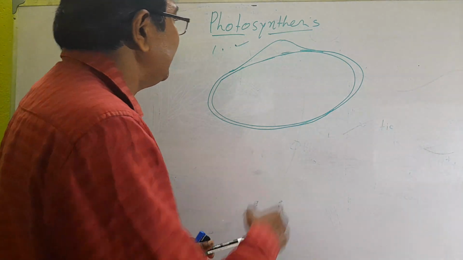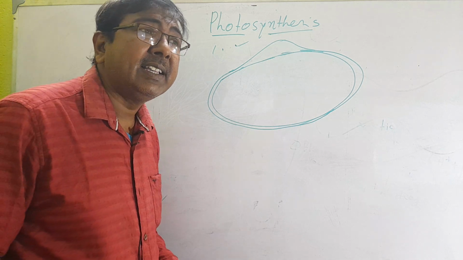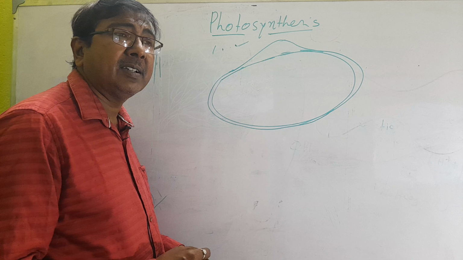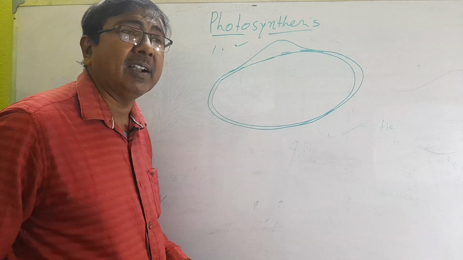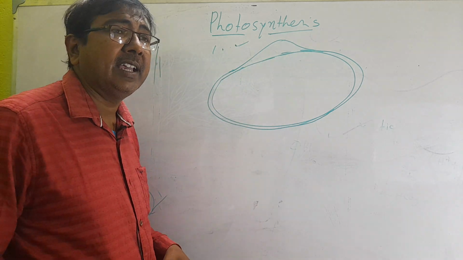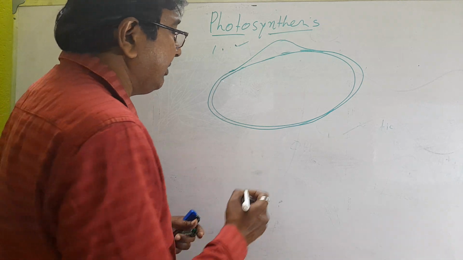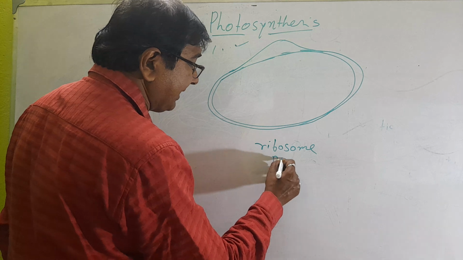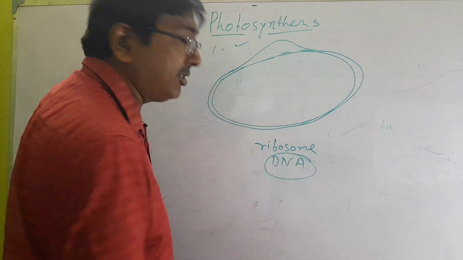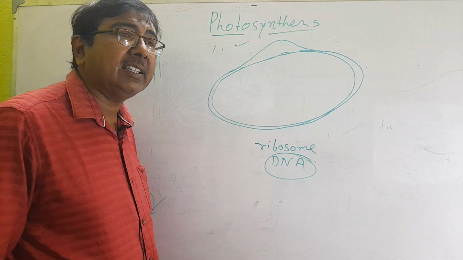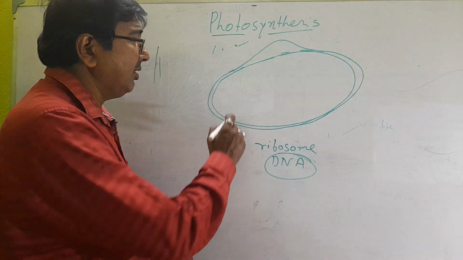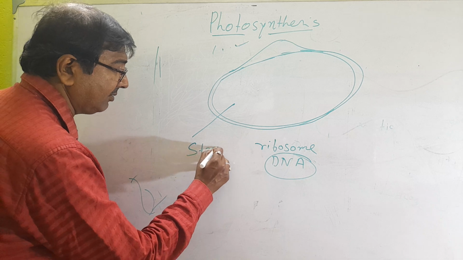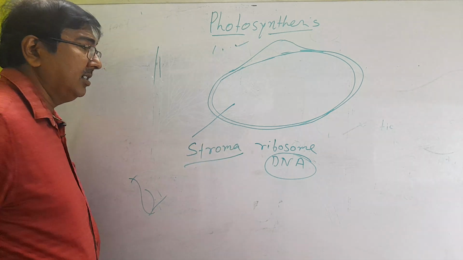So first is the membranous covering. Second is the stroma. It's the living matrix present inside the cover. It contains ribosomes, DNA but without histone, and other organic substances.